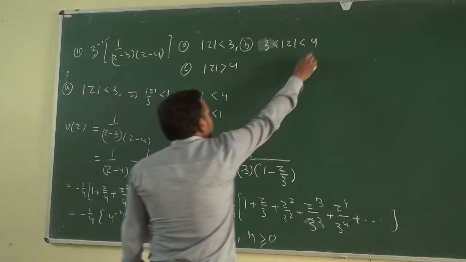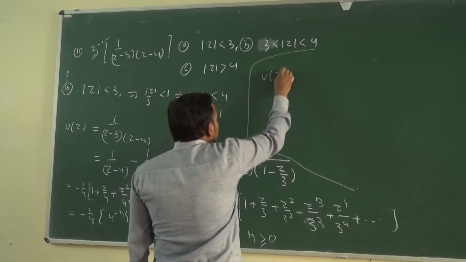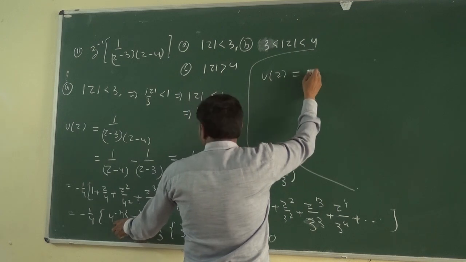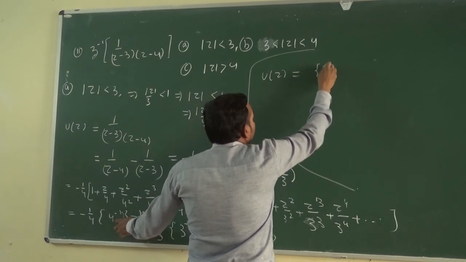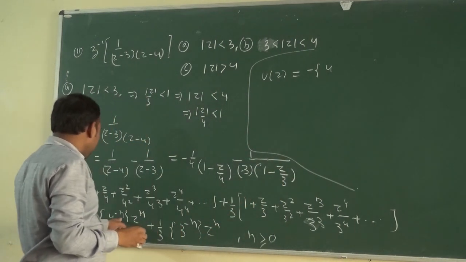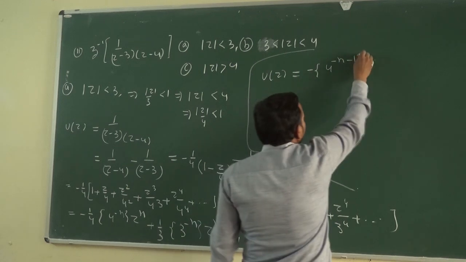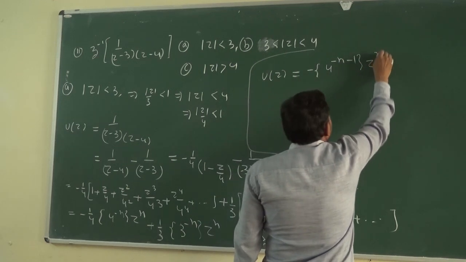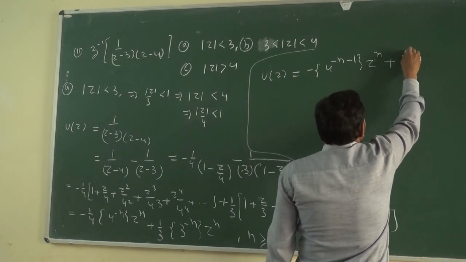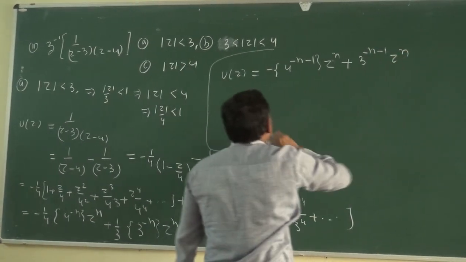Or we can write U(z) as minus 4 to the power minus n minus 1, z to the power n, plus 3 to the power minus n minus 1, z to the power n.